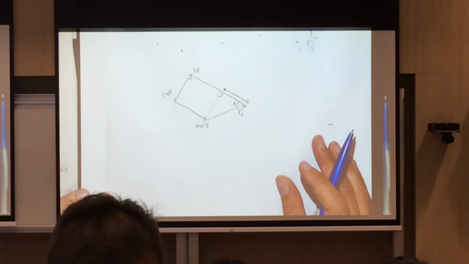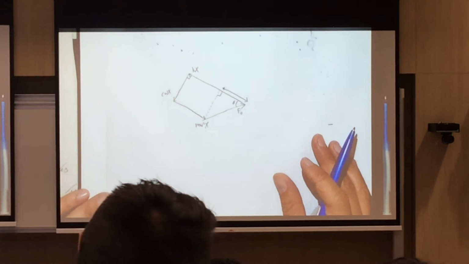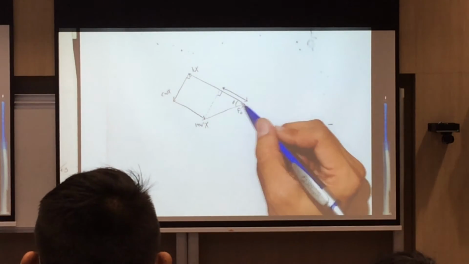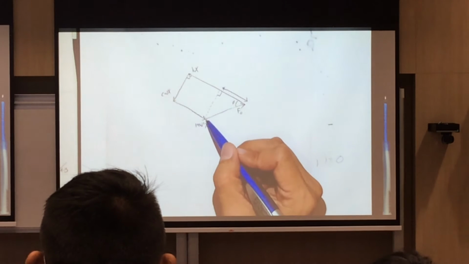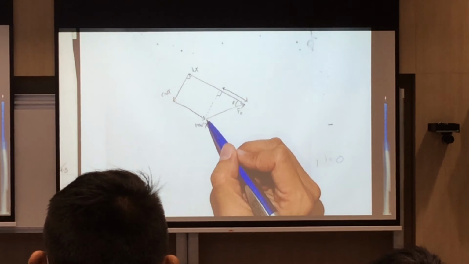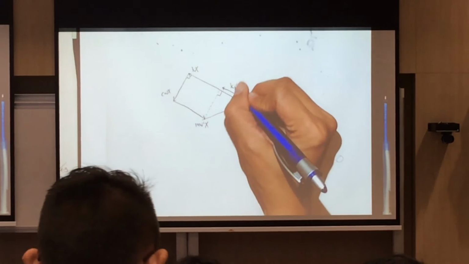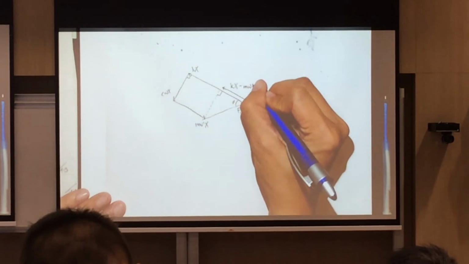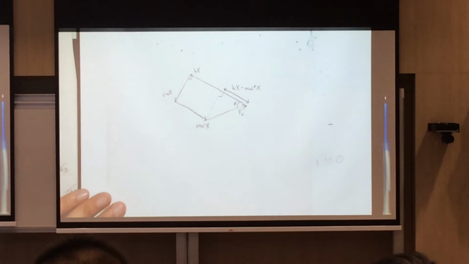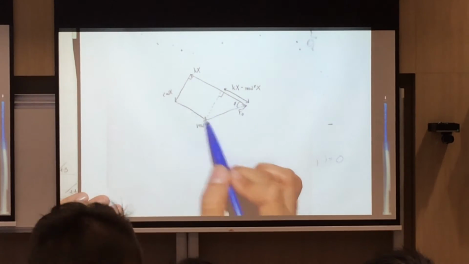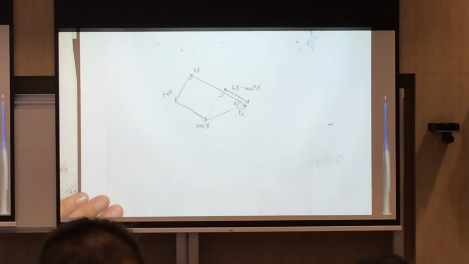So we have kx here, we have m omega squared x here. So it's basically the subtraction of this. This whole length minus this, you will get this length.